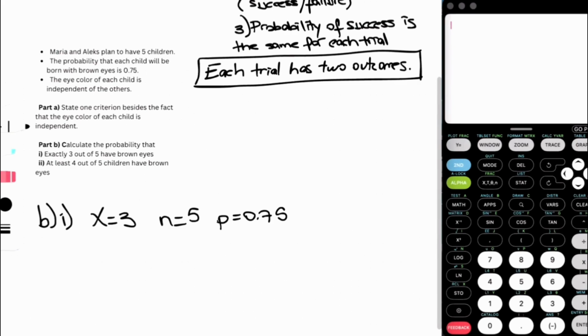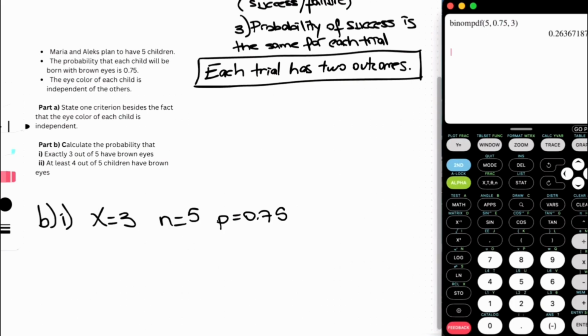To use the binomial PDF, we open the distribution menu by pressing second, distribution, then scroll down and select binomialpdf, and now we enter our data. For the trials, we input 5, the p-value is 0.75, and the x value is 3.